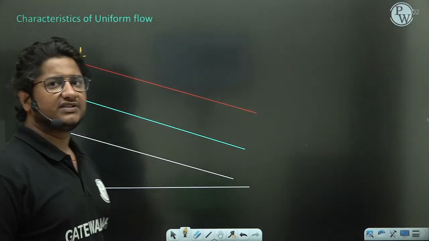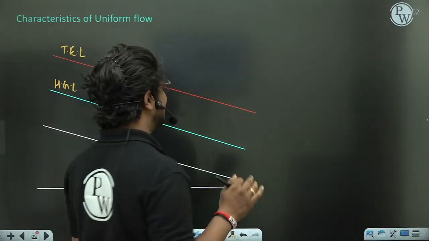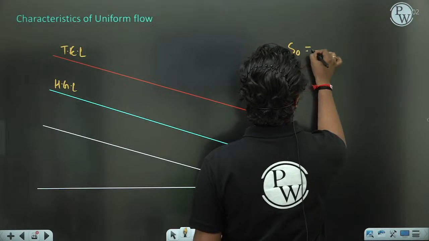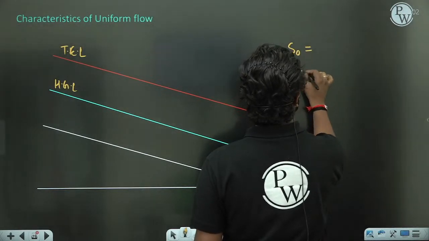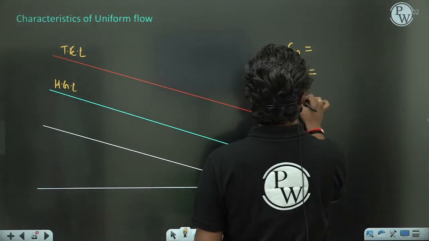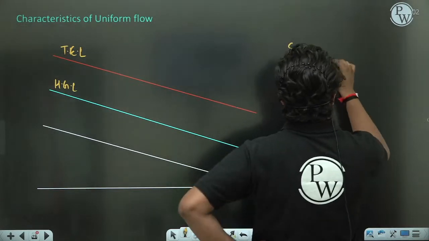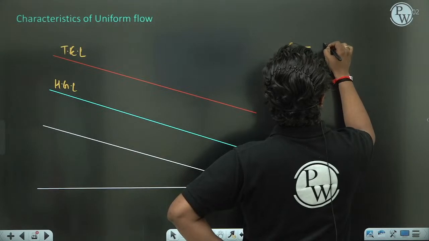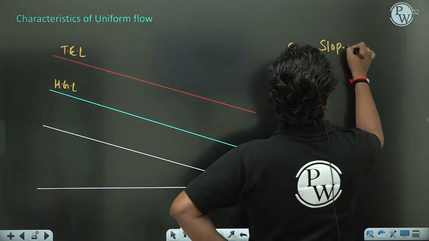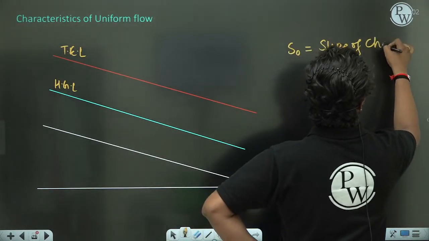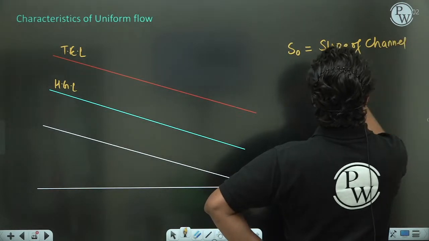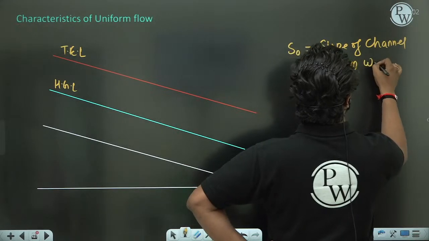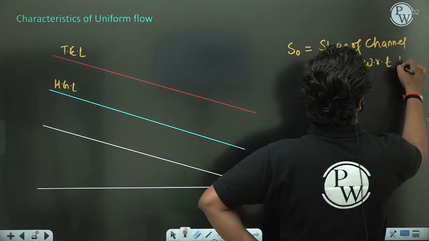Here I am introducing three slopes to you. The slope names you need to always remember. First one is S0, second one is SW, and third one is SF. S0 is the slope of the channel bottom with respect to horizontal.